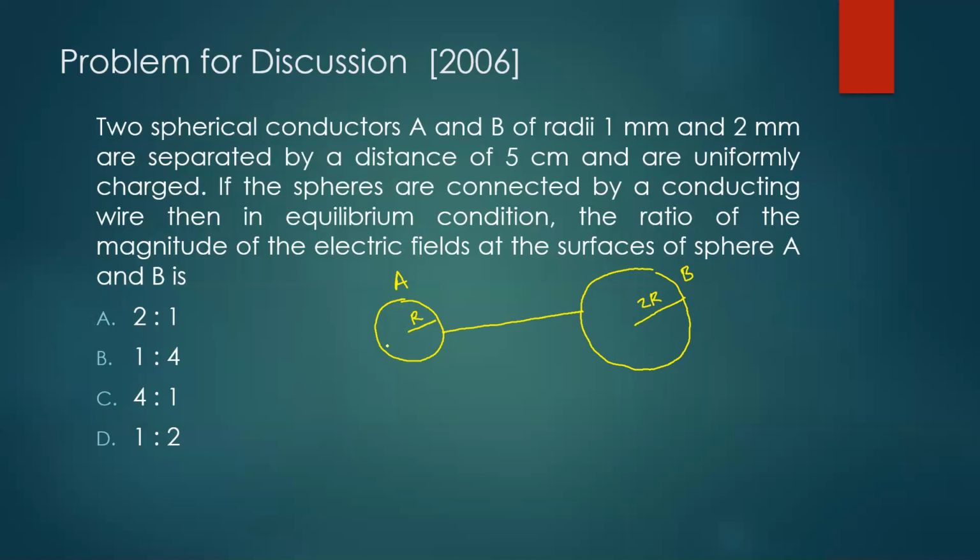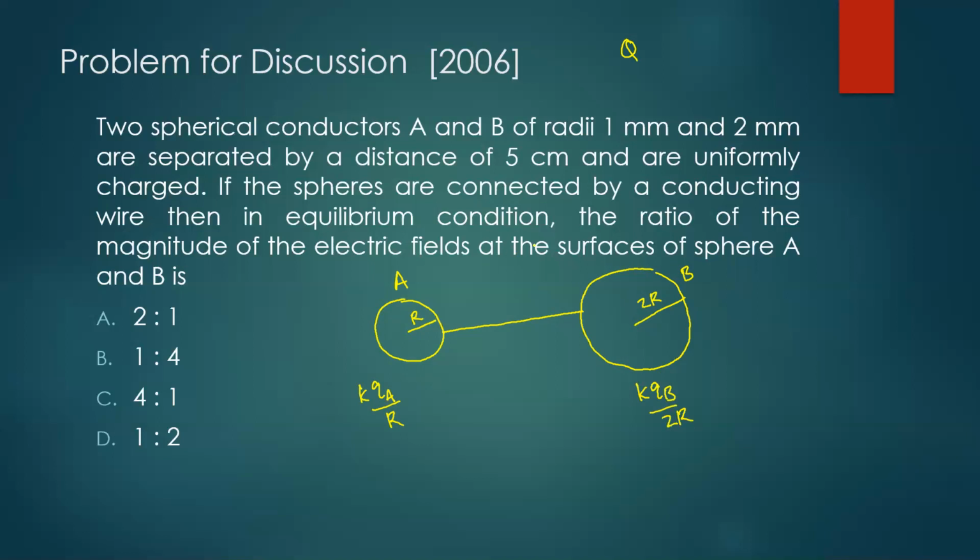We don't know what charge we have on sphere A or on sphere B, but let's consider that the total charge is Q. Before connecting them with the wire, if some charge gets onto the sphere, I can get the potential of A by K QA by R, and the potential of B will be K QB by 2R.